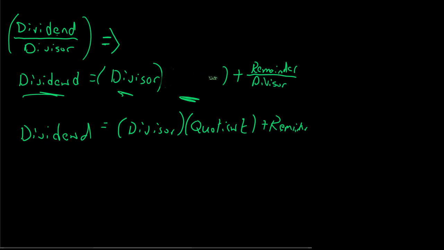I should have derived it, but we'll get there, because I'm going to turn this into variables shortly, and the variables are the important part. There. So the dividend equals the divisor plus the remainder.